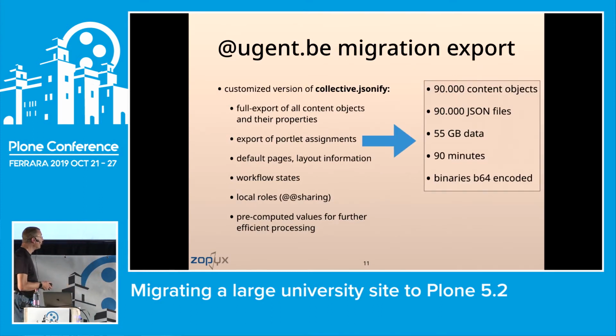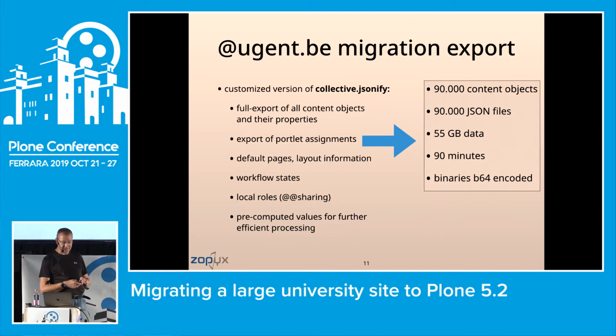So what did we do for exporting, for getting the data from the old site to the new site? In the first step, we have been using collective.jsonify, which is also used by Transmogrifier for the exports.